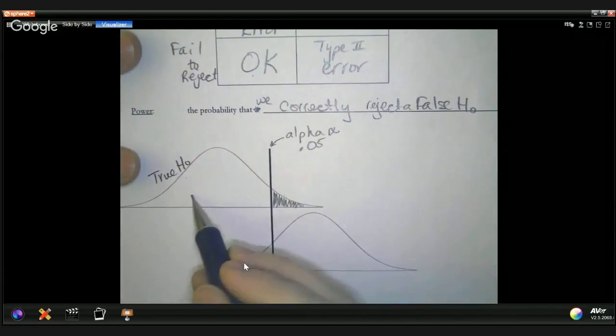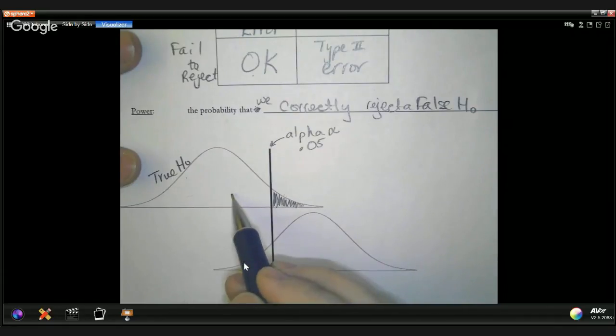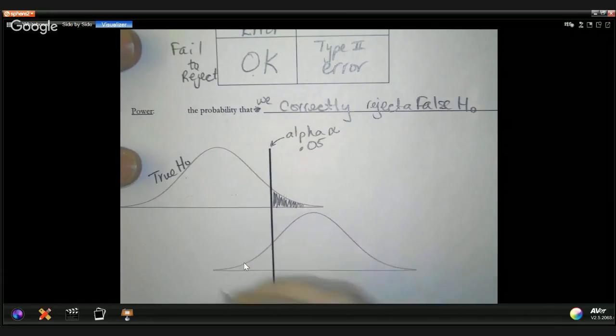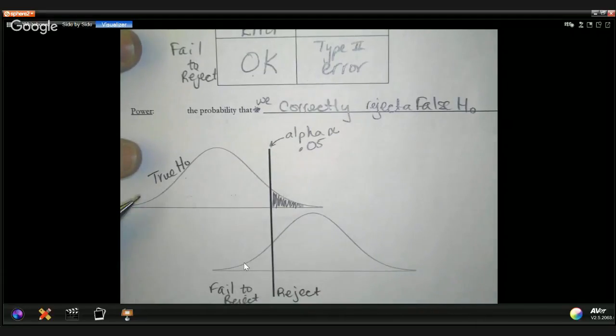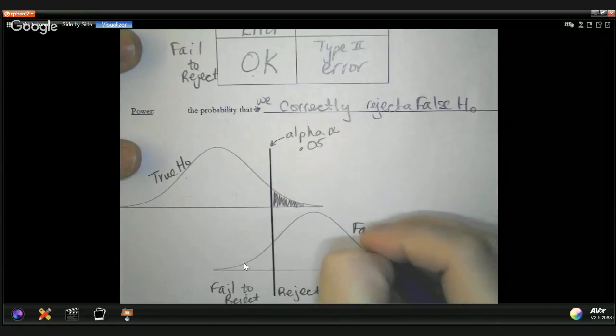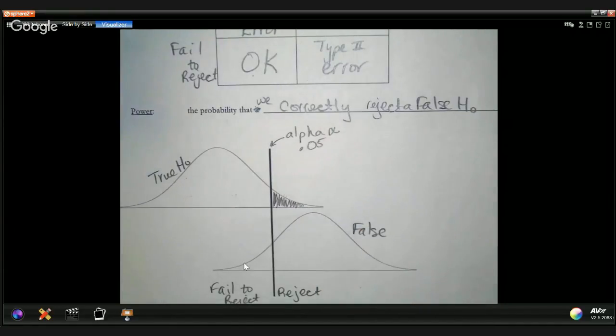If it falls over here, this is a large p-value, and so we fail to reject. So everything on the other side is we fail to reject. This first curve represents the true null hypothesis. This curve over here represents the false null hypothesis.